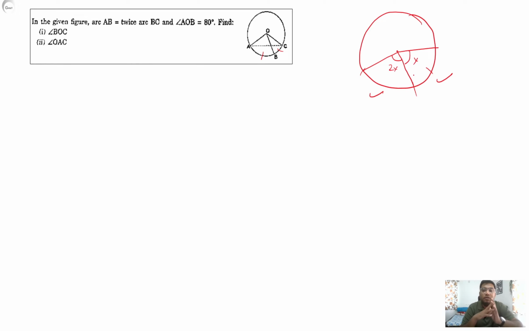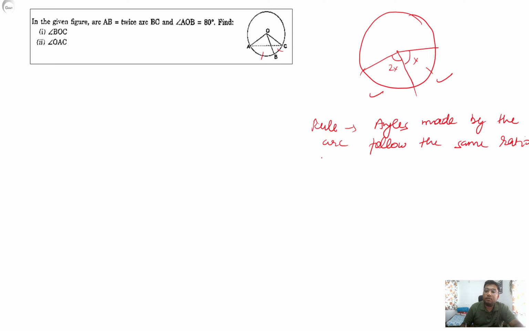Okay, so basically the rule says that angles made by the arcs follow the same ratio as their arc length.